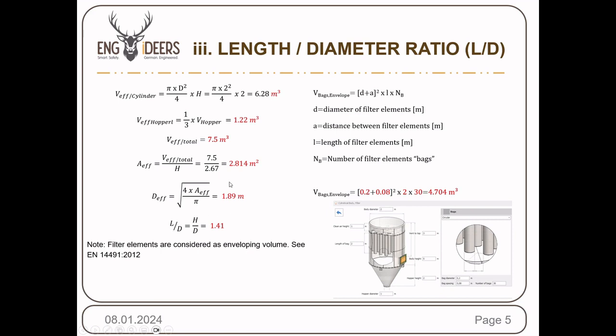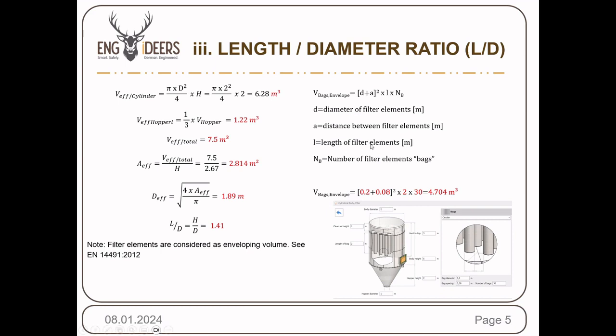Then we take this value, 1.89, and the length, which is 4 in total, and the effective diameter of 1.89, and in total we have then a length over diameter ratio of 1.41, which is the ratio we are going to use in the calculation later on.